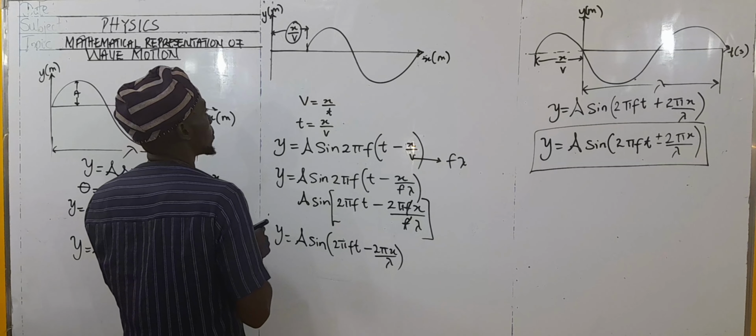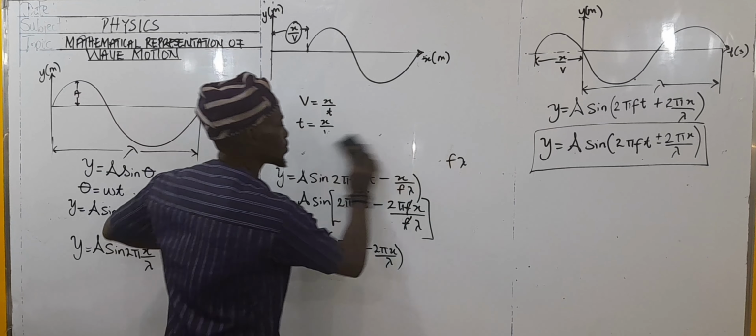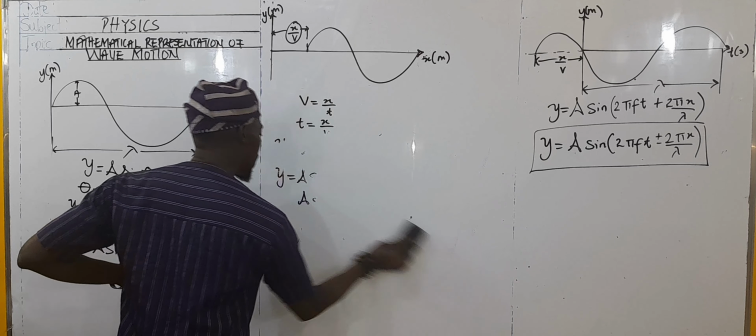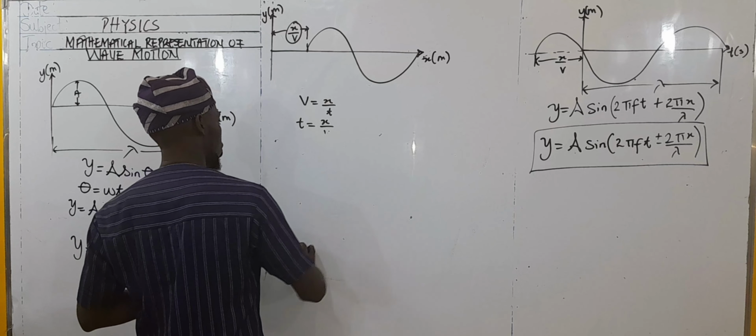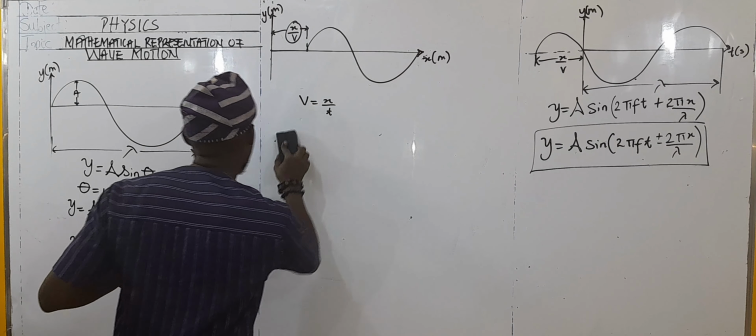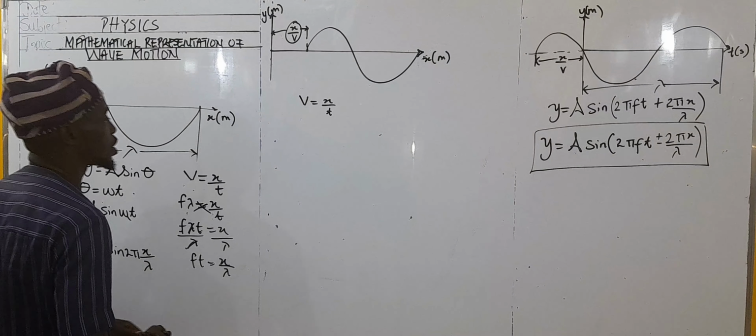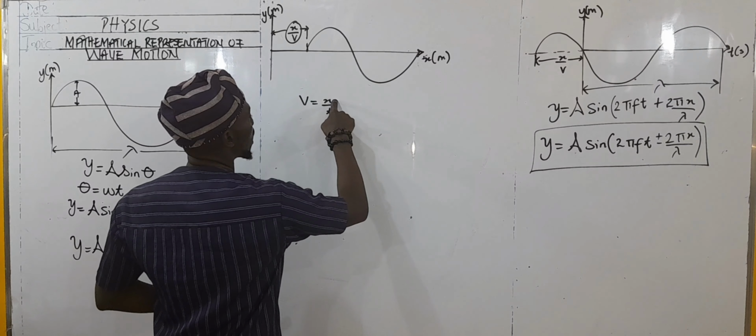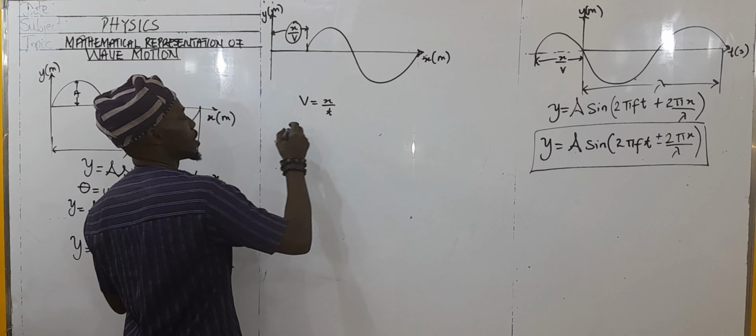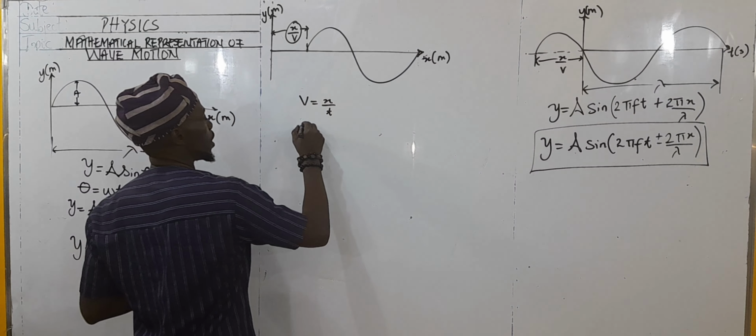Okay, and let's talk about this. We want to look at position. We want to look at the displacement. So this time around, I'll make it x the subject of the formula. So x equals vt. So everything here will now be vt.